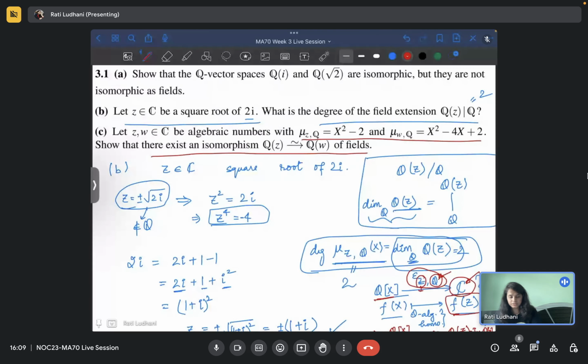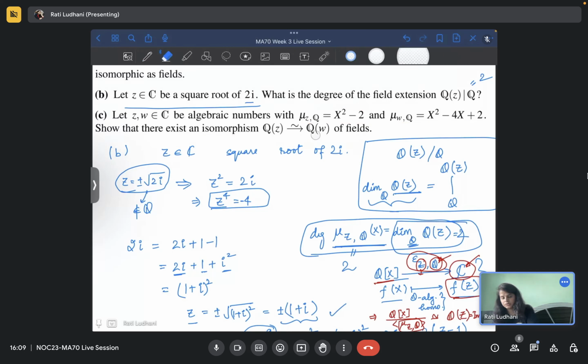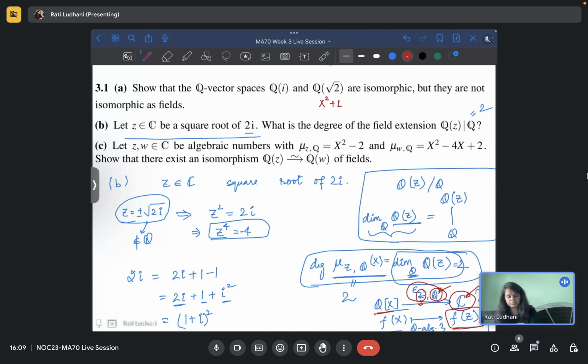So as we have seen, in the first part you have seen x squared plus 1, and you take x squared minus 2. Even the same degree ones need not be isomorphic as fields.